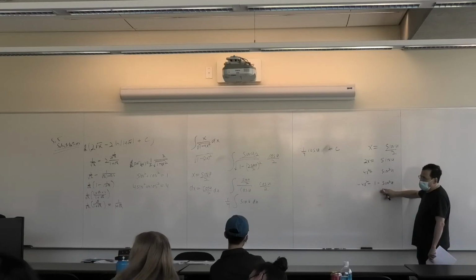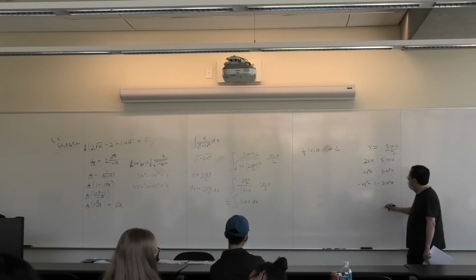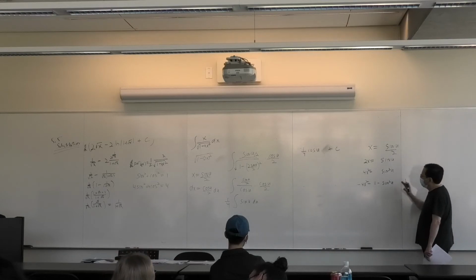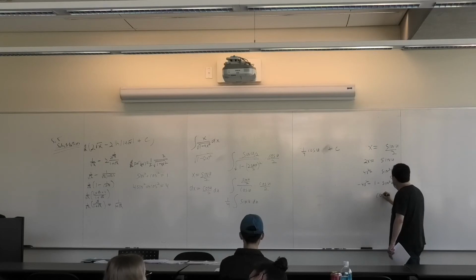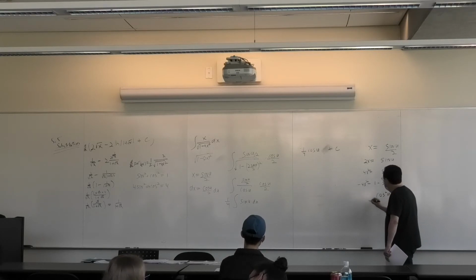Now my Pythagorean identity works for me. Sine squared plus cosine squared is 1. 1 minus sine squared is cosine squared.